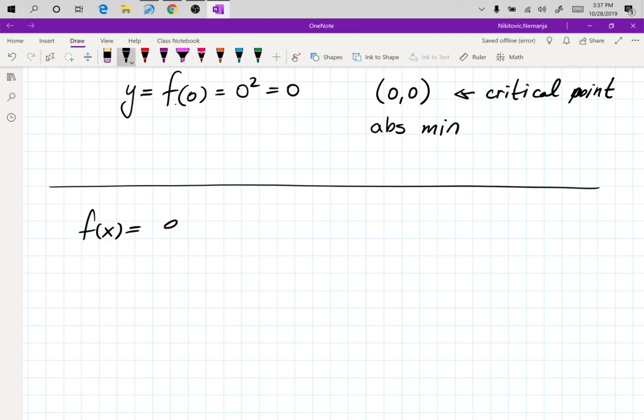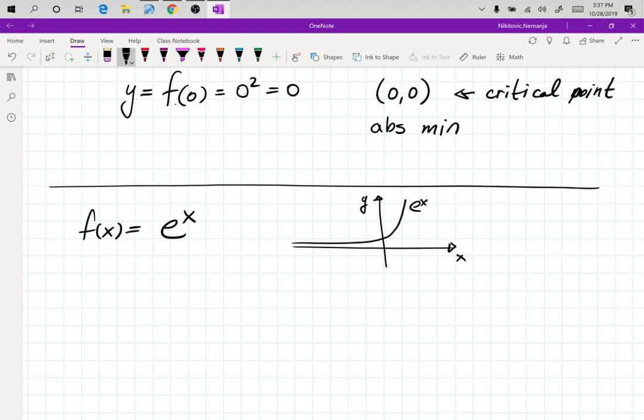Let's talk about e to the x. What do we know about e to the x from pre-calculus regarding min and max? If you look at e to the x, what do we know about min and max? It doesn't have one.